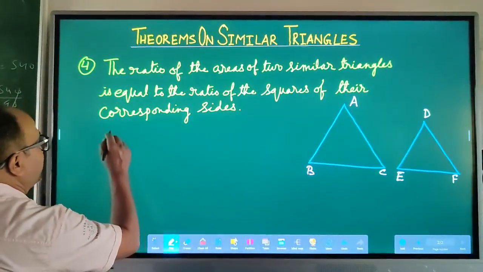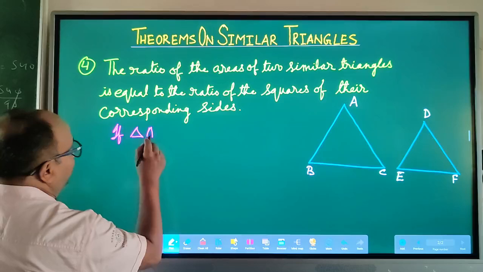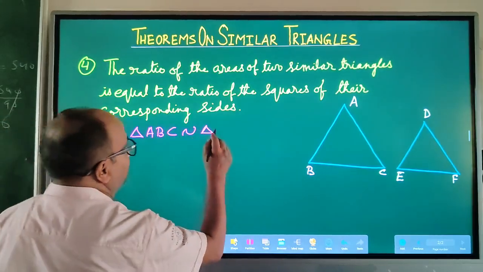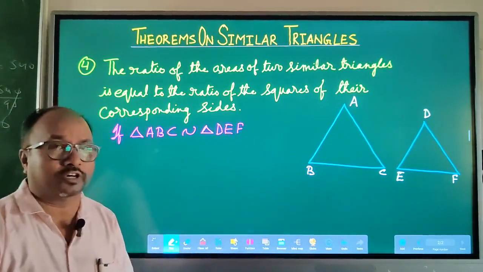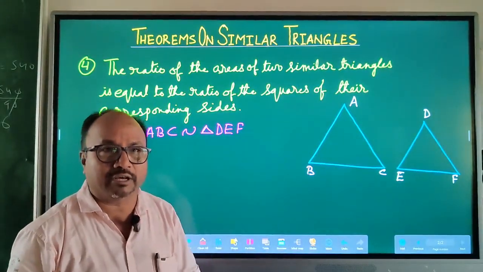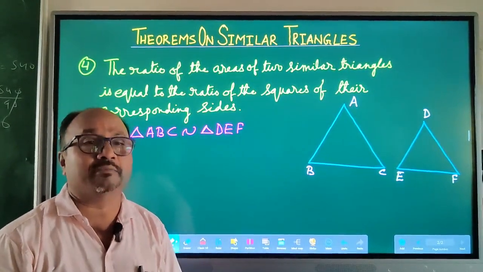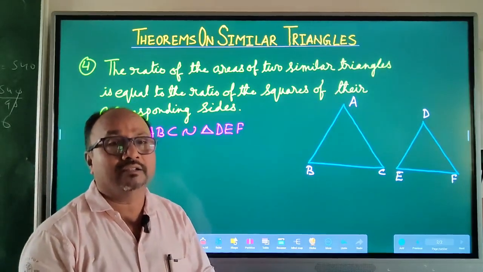So if I write here, if triangle ABC is similar to triangle DEF. So I should first get the two triangles similar. It might be given as similar, it's good. If not, we will have to prove the two triangles similar to get the ratio between the areas and the sides.